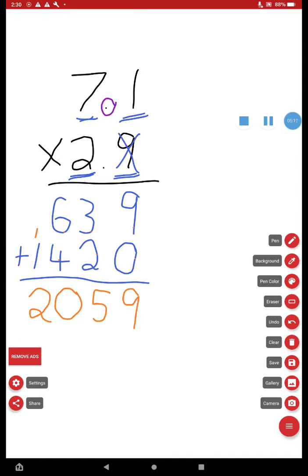How many numbers to the right? 1. There's a decimal point. How many numbers to the right? 1. So 2 numbers to the right, because there's 2 decimal places in my problem. Decimal point goes there. And I call it 20 and 59 hundredths.